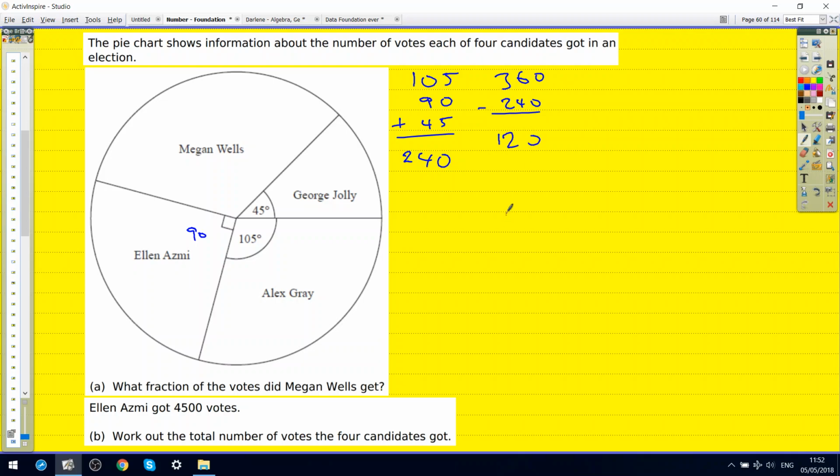Yeah. So what would your final answer be? Yeah, and I think that simplifies down to a third, but you can leave it like that. How about this one?